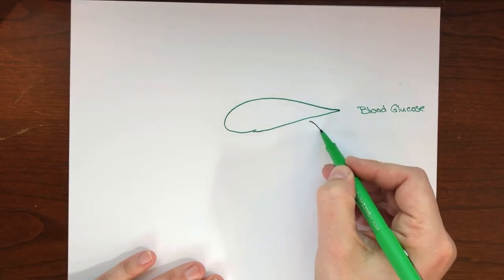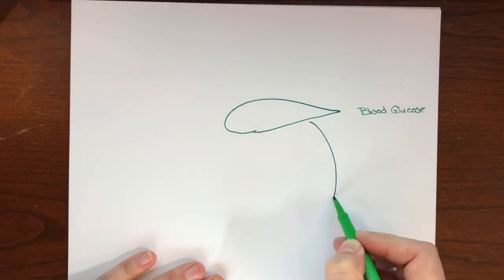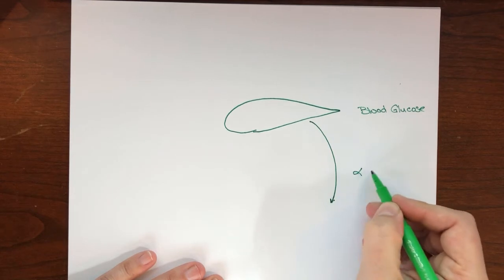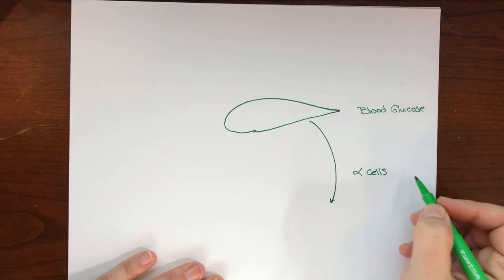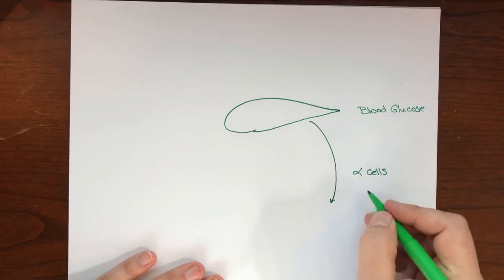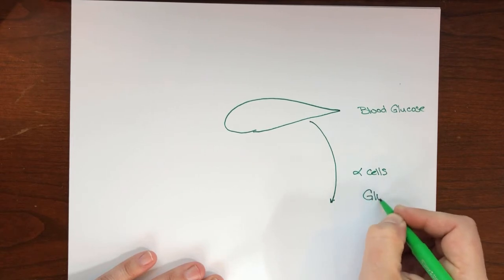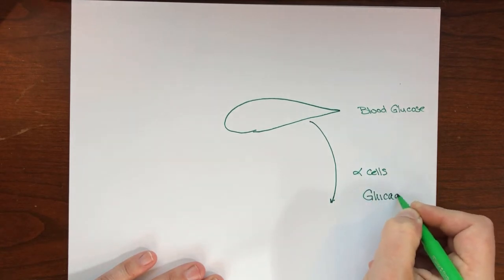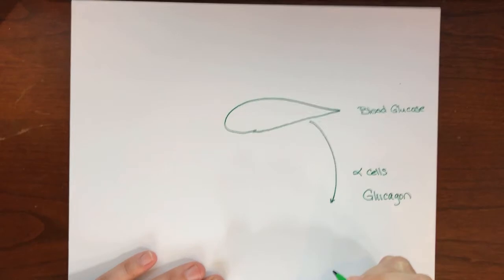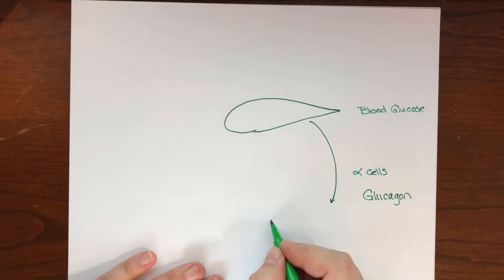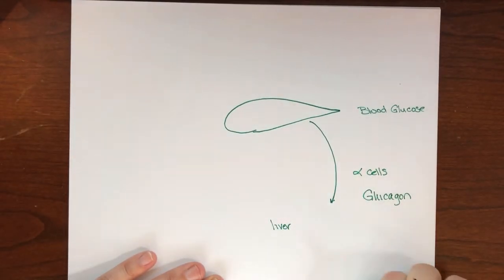When the blood glucose level starts to fall, the alpha cells of the pancreas are going to produce a hormone called glucagon. Glucagon stimulates the liver and other cells in the body to convert glycogen to glucose.